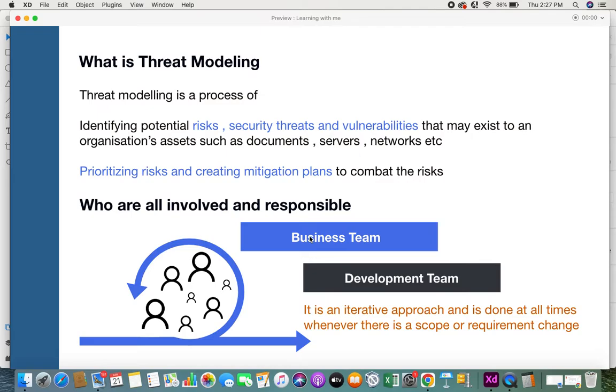For example, if you're a business analyst, you're the one person who will be dealing between the development team and the clients. Whatever requirement you get, you should never compromise on security.